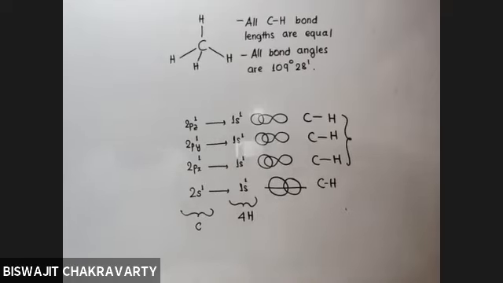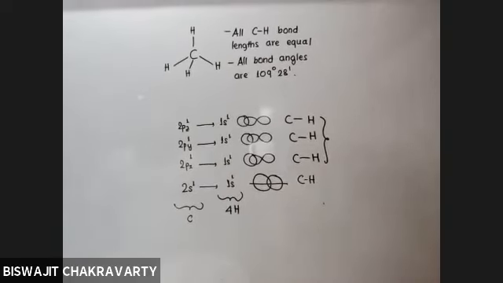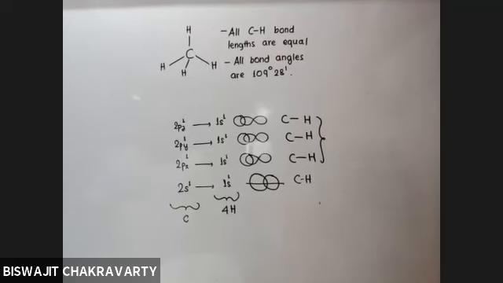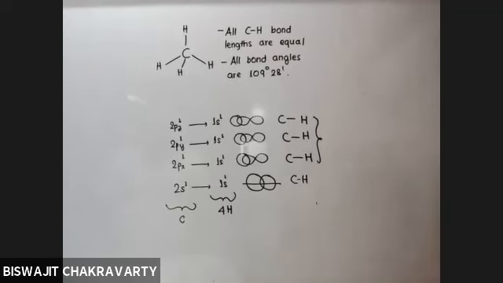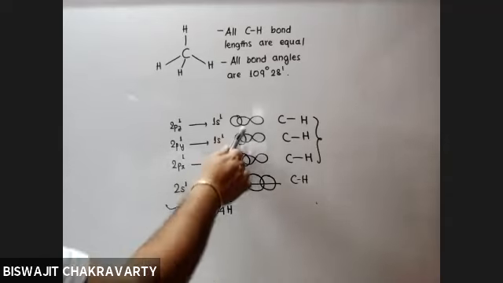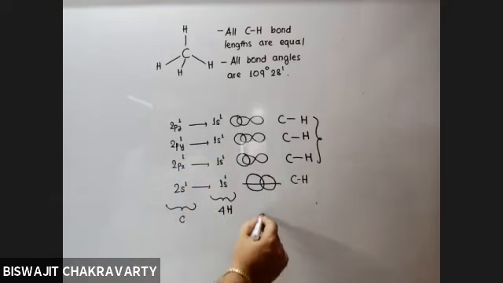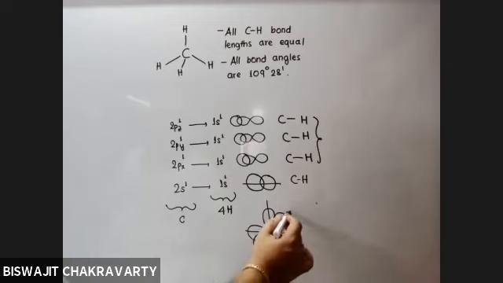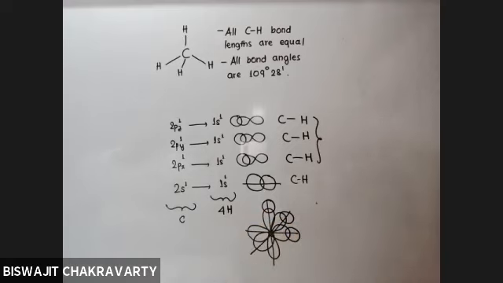Anyone having doubt up to this much, you can clear it out. Is it understood what was expected and what we are actually getting? Sir, I wanted to know why the bond angle is 90 degree between S and P orbital. Look, for these three bond angles, when we talk about p orbitals, are they not mutually perpendicular to each other? Yes, sir. So if they are mutually perpendicular and forming carbon hydrogen bonds, the bond angles should be 90 degree or not?